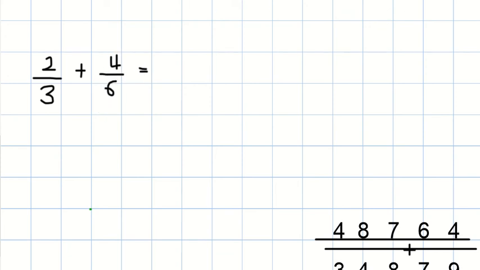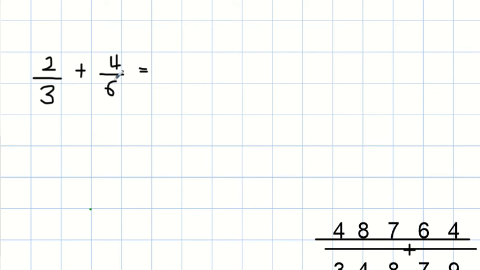Okay. So 2/3 add 4/6. Now, because I'm adding, I know that the denominators, or the bottom numbers, must be the same before I can add. So I have to convert these fractions into equivalent fractions, so fractions that are worth the same amount, before I can add.